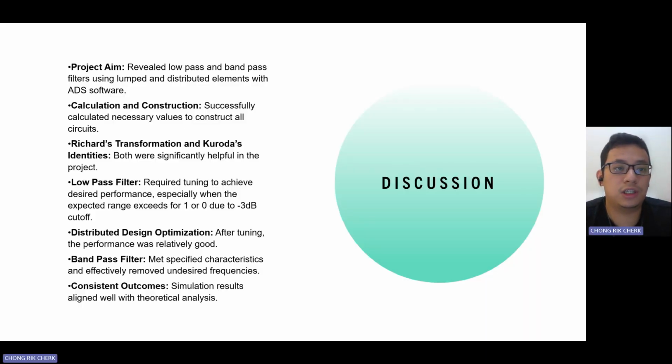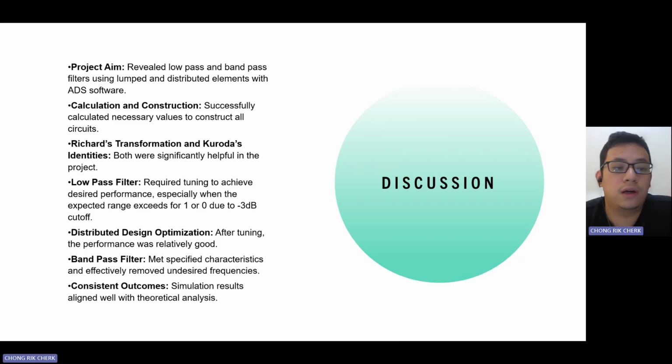I will talk about the discussion. So the project aim is to reveal the low pass and the band pass filter using lumped and distributed elements with the ADS software. For calculation and construction, we have calculated the values using various formulas and theories, and we constructed the circuits. Both the Richards transformation and the Kuroda identities were significantly helpful in the project.